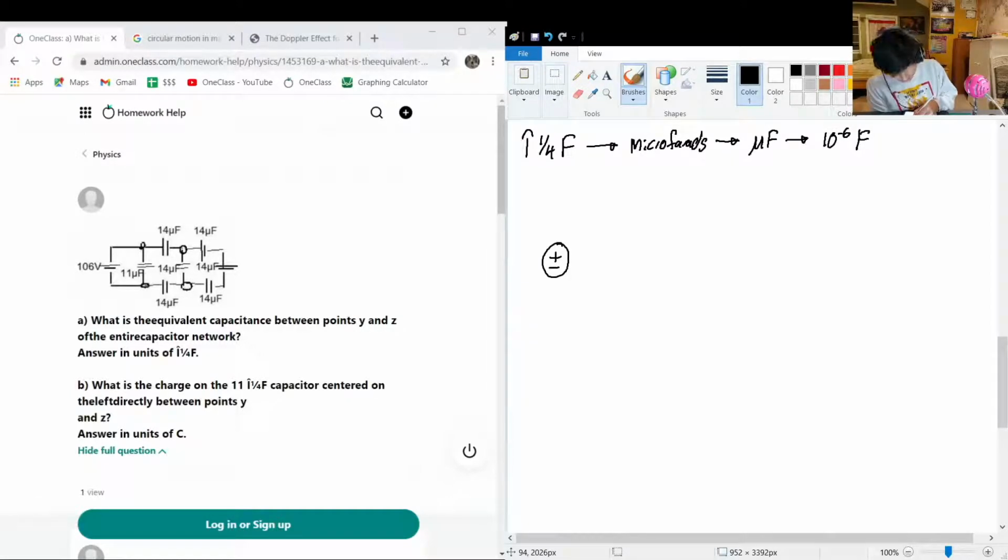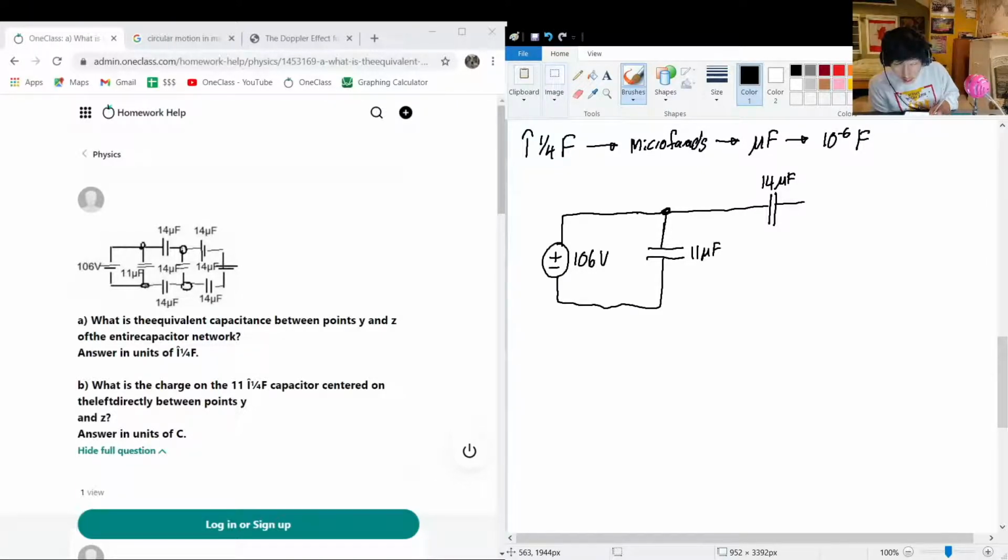So we've got 106 volts, and then here, okay, this would be our first node in our equation right here. Here we've got a capacitor that's 11 microfarads. Here we've got 14 microfarads.